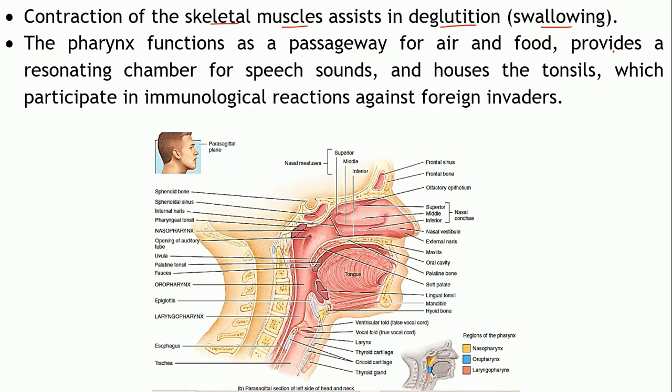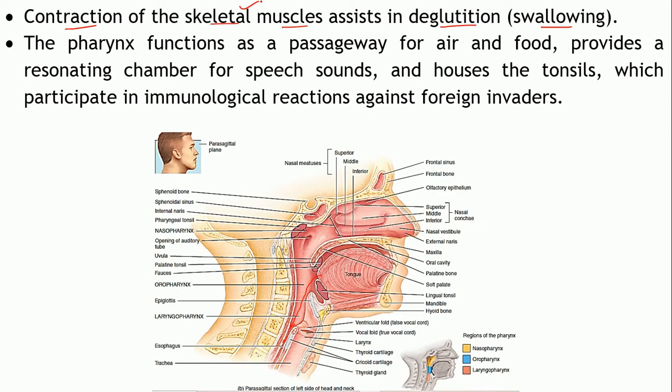That's the act of swallowing, wherein the food which has entered the mouth will enter into the esophagus. That's the esophagus. So the food which is present in the mouth will be swallowed, it will move towards the esophagus, and from here it will move towards the stomach. That's the process of deglutition, and that is made possible by the contraction of these skeletal muscles which are present in the walls of the pharynx.